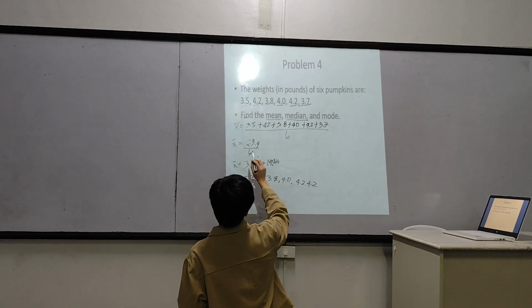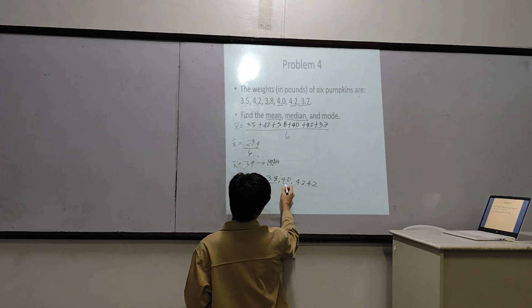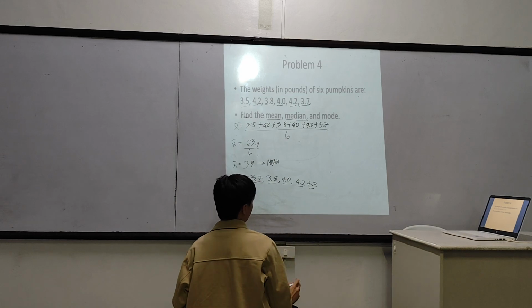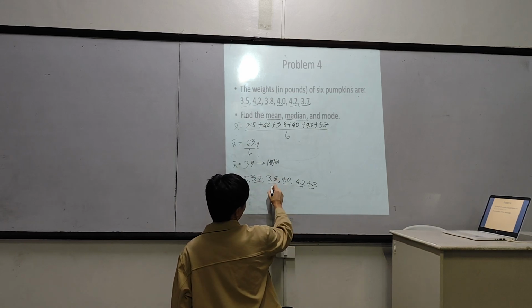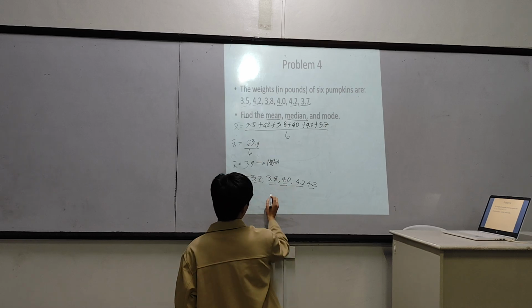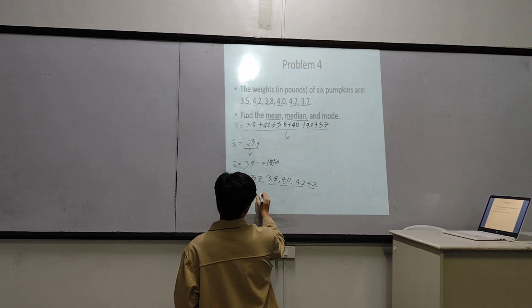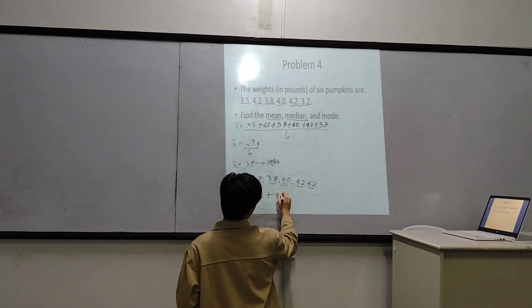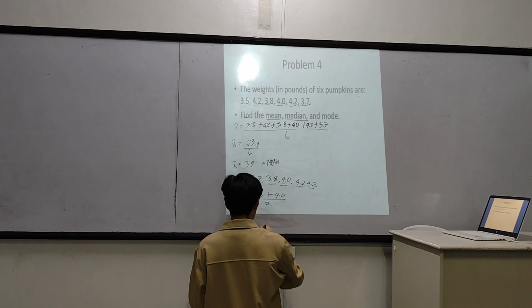There are 1, 2, 3, 4, 5, 6 numbers again. So all we need to do is find the middlemost numbers, which are 3.8 and 4.0, add them, and divide by 2.